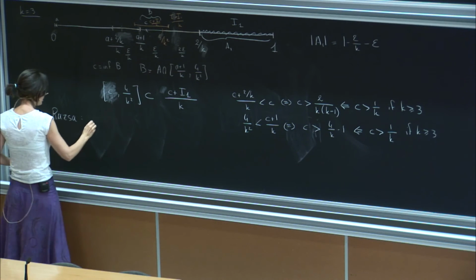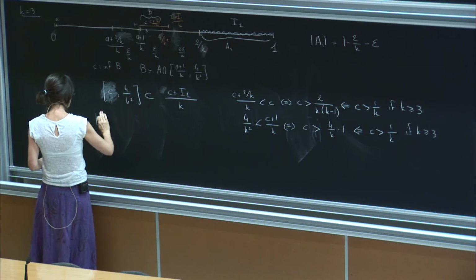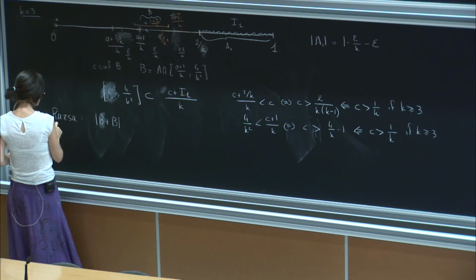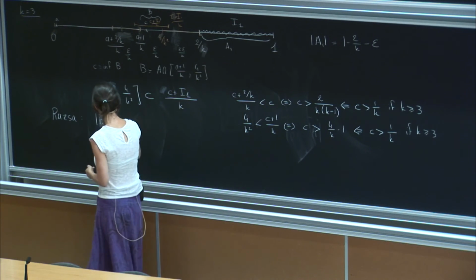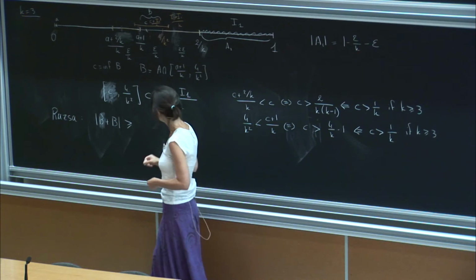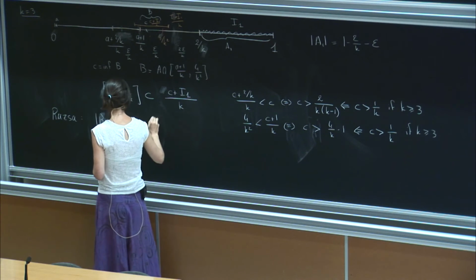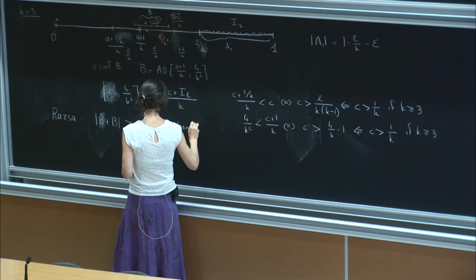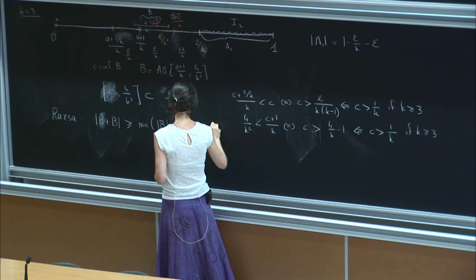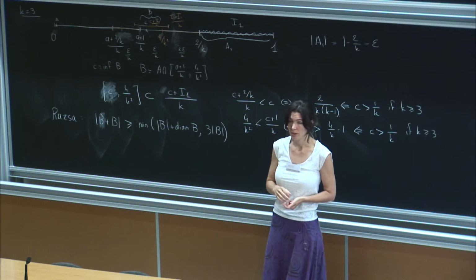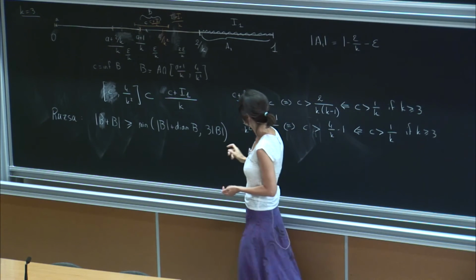He proved that if you take a set B of real numbers, then the size of B plus B, the size being the inner Lebesgue measure, is at least the minimum of the size of B plus its diameter and 3 times the size of B. Okay?